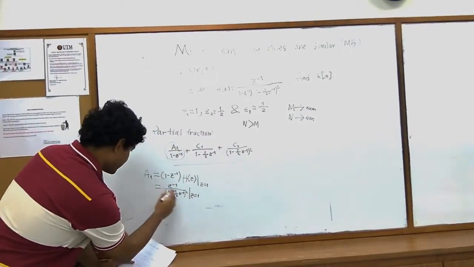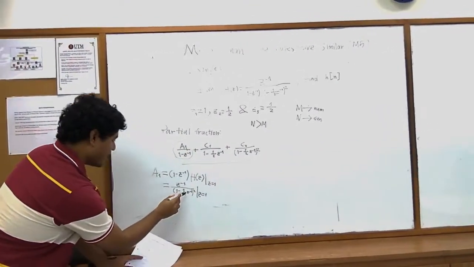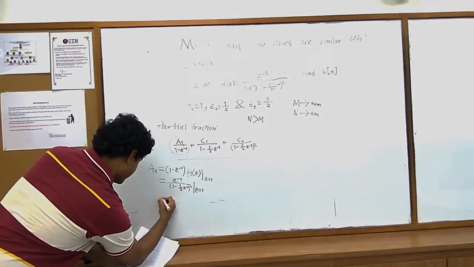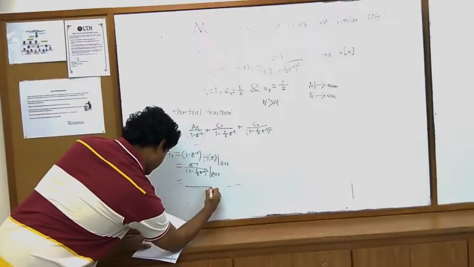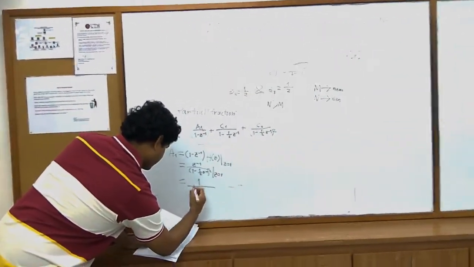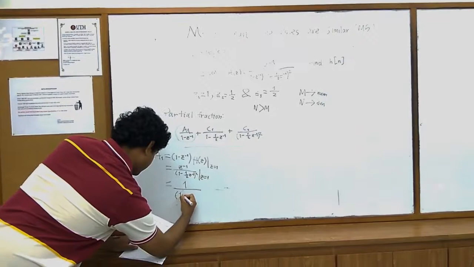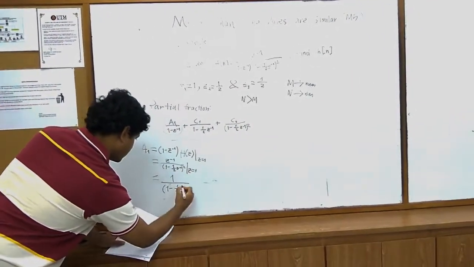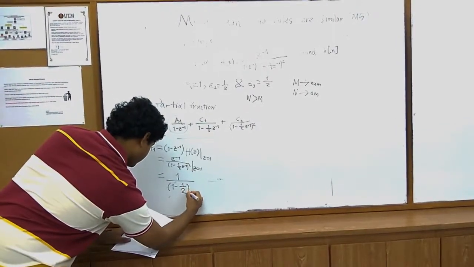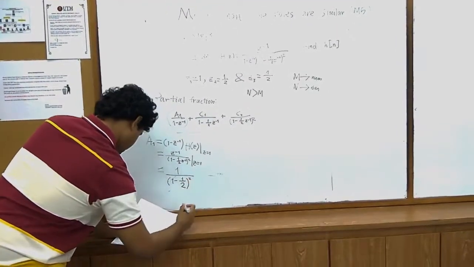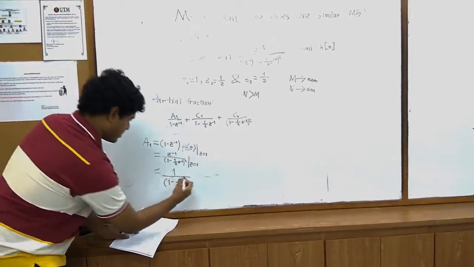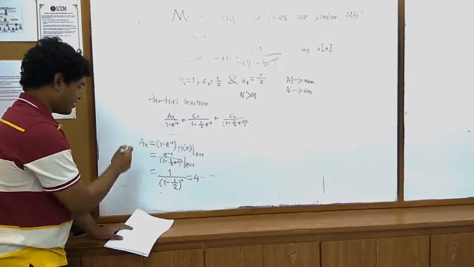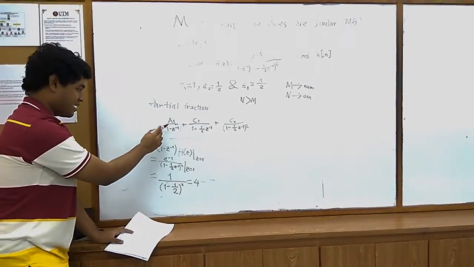Now you just substitute 1 into z, so substitute 1 into the numerator, we have 1, then 1 minus 1 over 2, squared. What is the result? You will get 4. So this is your A1. You already found your A1.